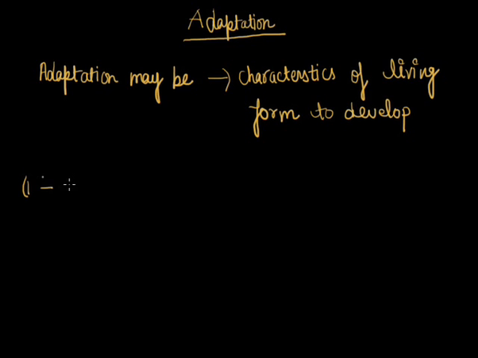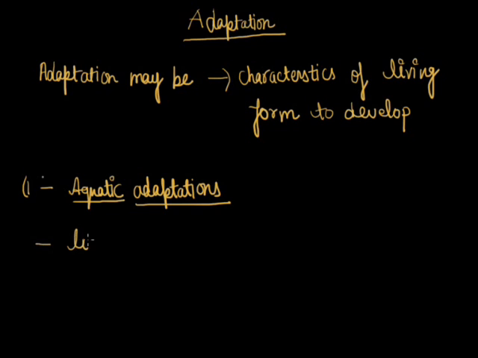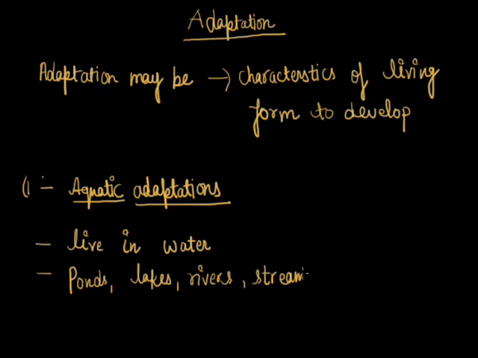First, we will talk about aquatic adaptation. Aquatic adaptations are shown by those organisms that live in water. Various water bodies are ponds, lakes, rivers, streams, and oceans.